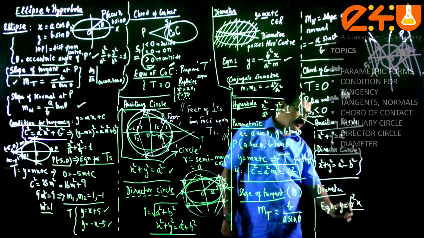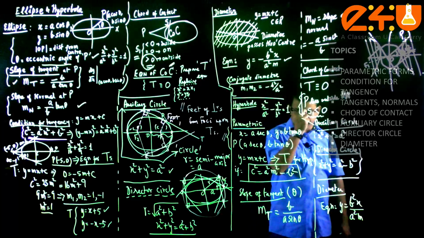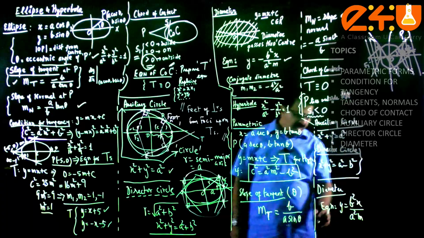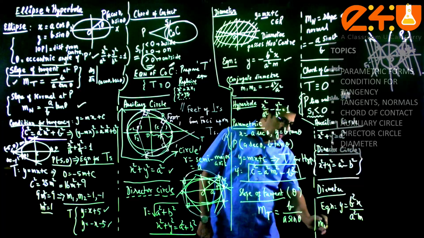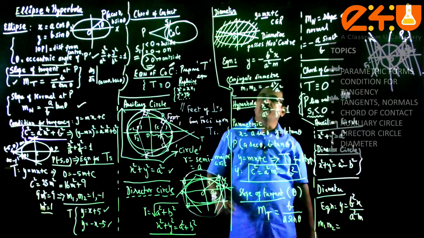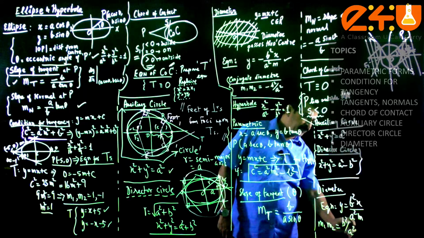So that is the equation of the diameter. And conjugate diameters will have the product m1 m2 as b squared by a squared.